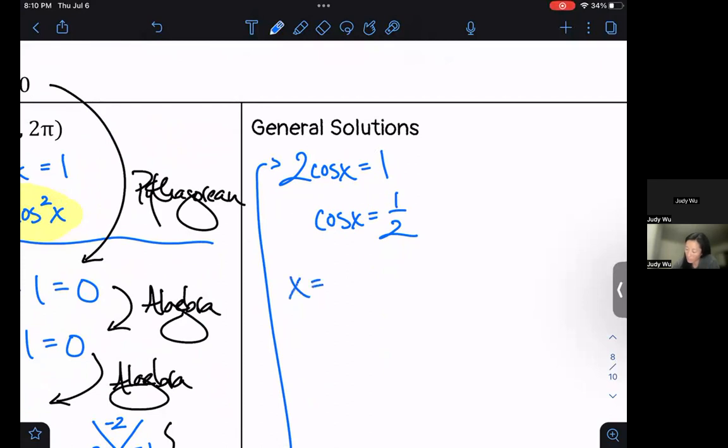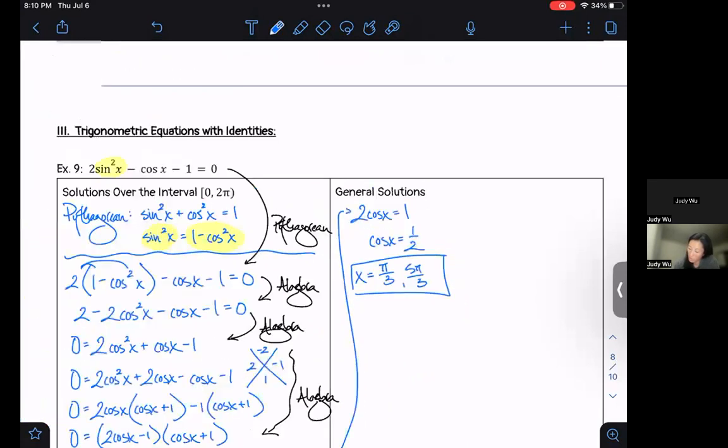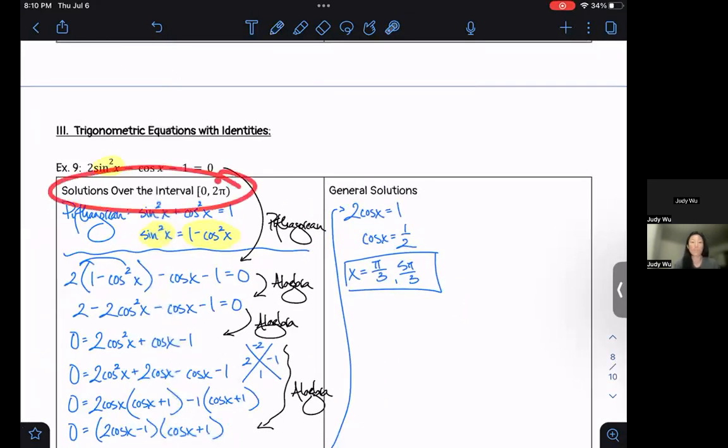X will be, let's see, where's the x value of an angle 1/2? That's pi over 3. And 5 pi over 3. So these are two of our solutions over the interval 0 to 2 pi.